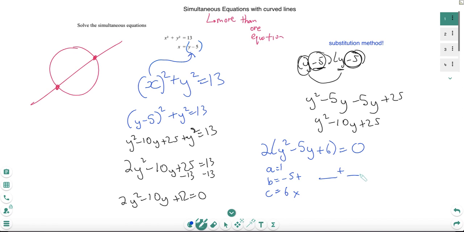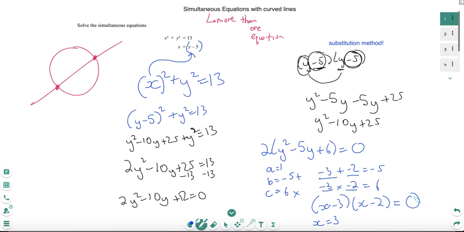So what plus what adds to negative 5, and what times what multiplies to 6? Negative 3 and negative 2 multiply to 6, and negative 3 plus negative 2 add to negative 5. So our factorization is y minus 3 and y minus 2 equals 0. y minus 3 equals 0, so y must be 3. 3 minus 3 equals 0.